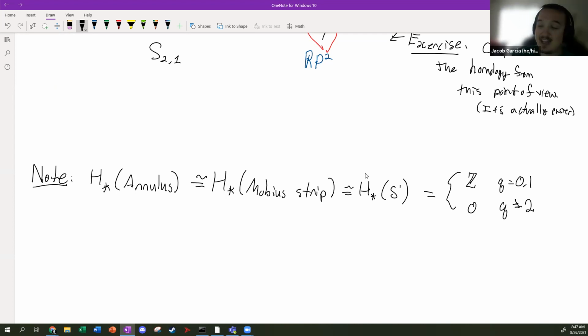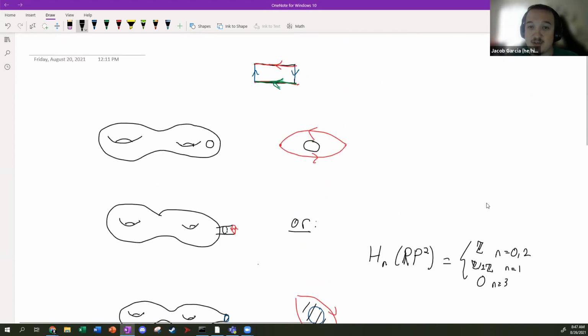For the annulus, this is pretty clear. You just choose one circle and collapse to one of those circles. For the Mobius band, and I'll scroll up to the Mobius band real quick, you just choose this center band. It's also called the core. And you just deformation retract both of the edges down onto that center circle.